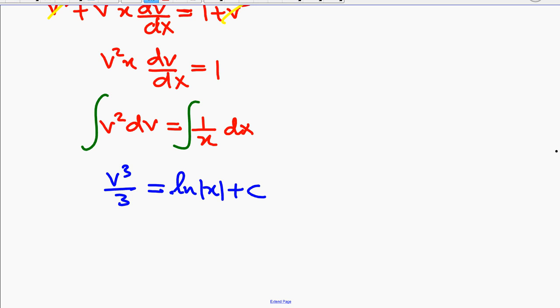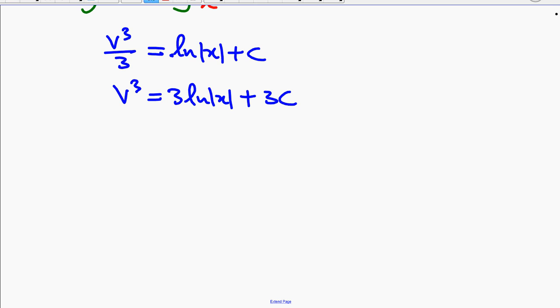So we can multiply both sides by 3, so we'll end up with v cubed is equal to 3 ln absolute value of x plus 3 multiplied by c. You can write 3c, or you can just write v cubed, which is y over x.